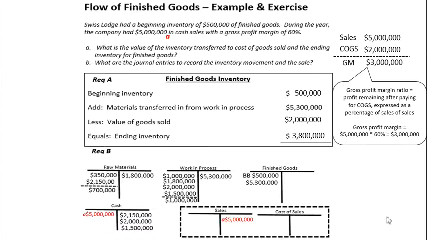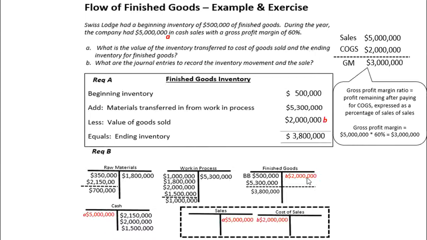Now the second part of the entry is transferring the value of my inventory, which is $2 million, to cost of goods sold. So in this case, I'm going to go ahead and do my entry for item number B. I'm going to debit cost of goods sold for $2 million, and I'm going to credit finished goods for $2 million.